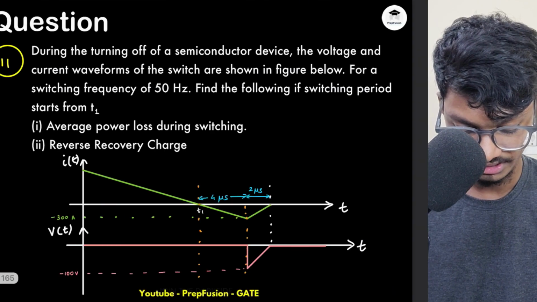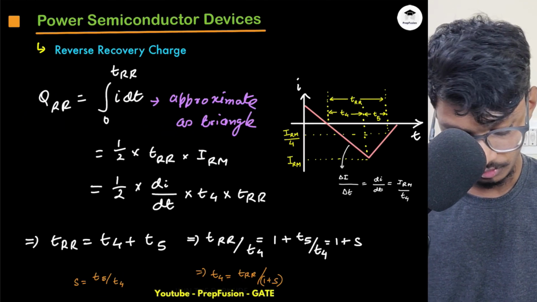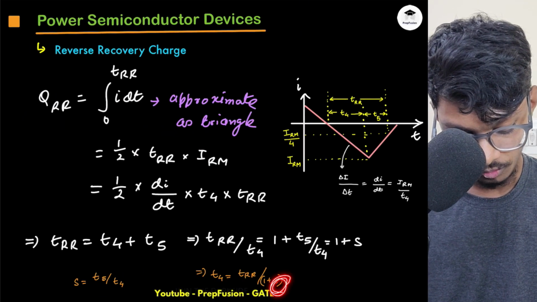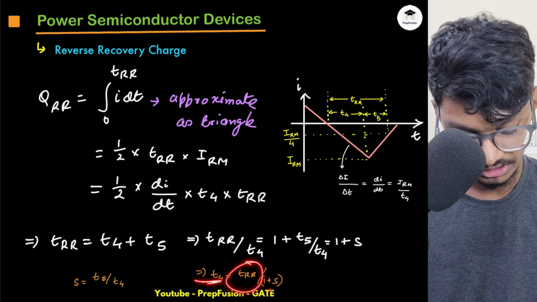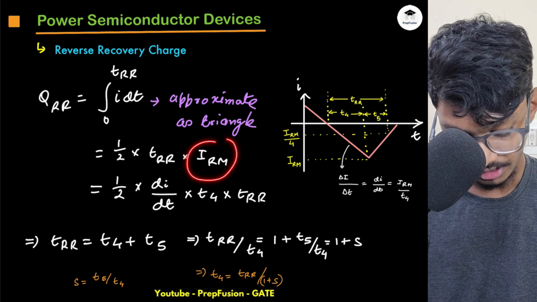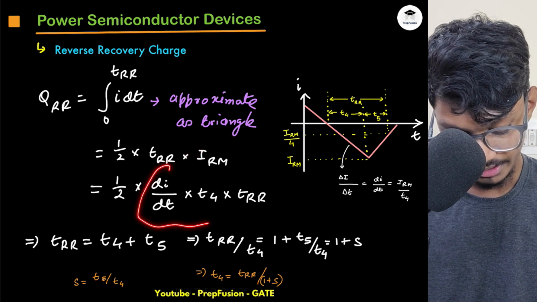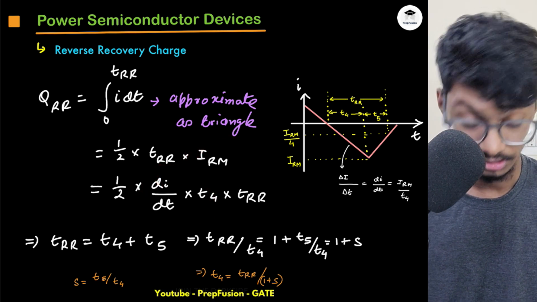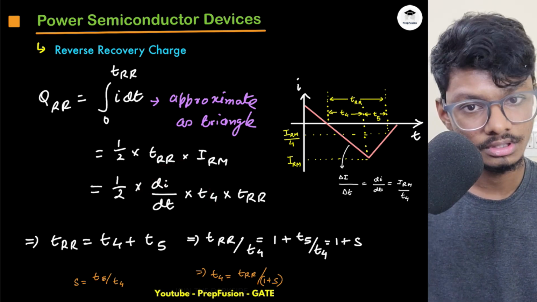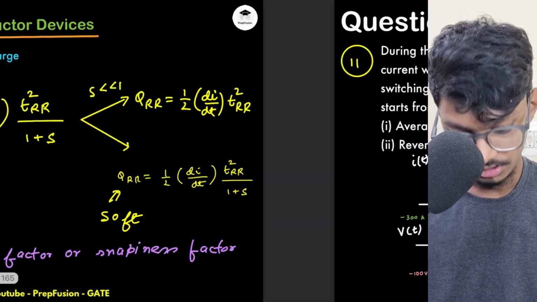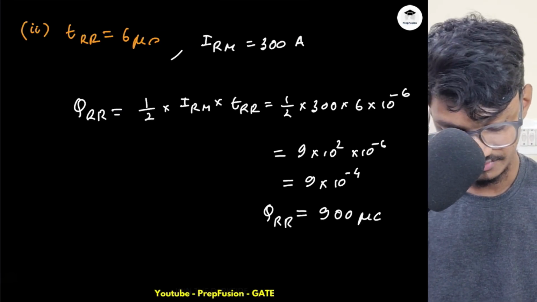Now what is the maximum current? If your softness factor is very less than 1, then t4 is TRR, and IRM equals di by dt into t4, which we derived earlier.